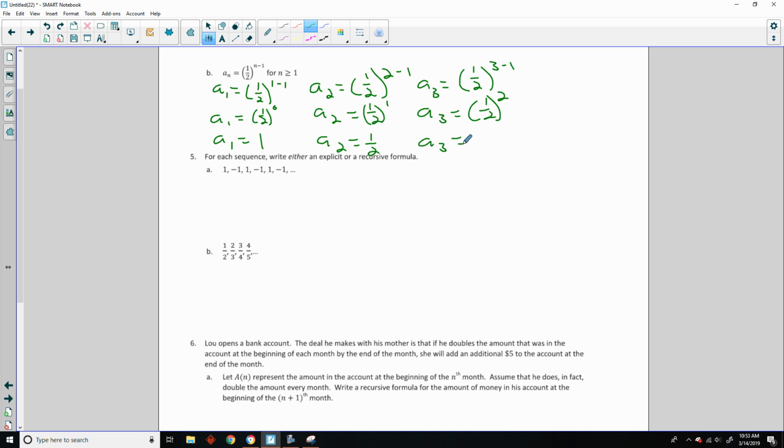So a sub 3 equals 1 squared over 2 squared. Let's make that a little bit neater. A sub 4 equals 1/2 to the 4 minus 1, or a sub 4 equals 1/2 to the power of 3. So a sub 4 equals 1 cubed over 2 cubed.